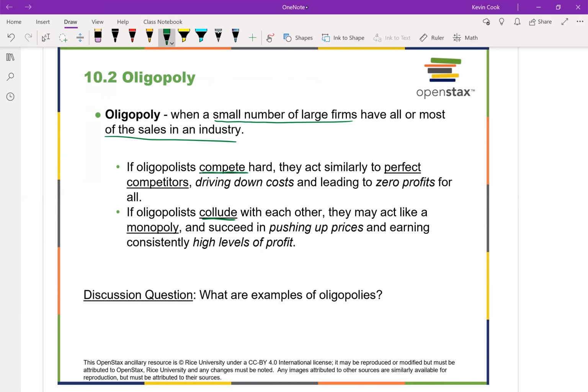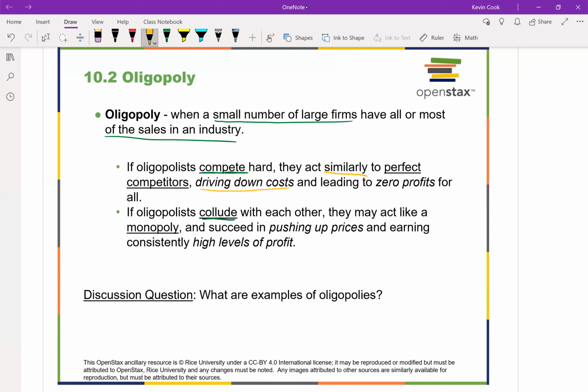And if they choose to compete, they're going to act, keyword, similarly to a competitor. That is, they're going to have low costs, low prices, and they're not necessarily going to have zero profits, but it's going to lead to zero profits.